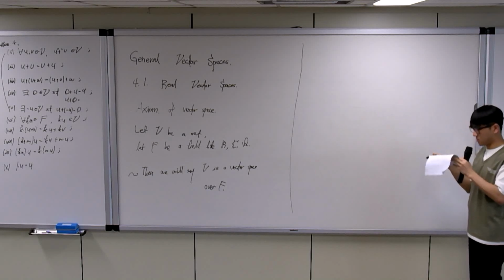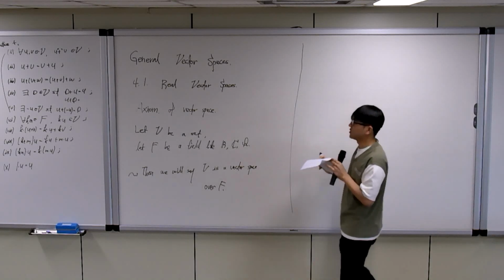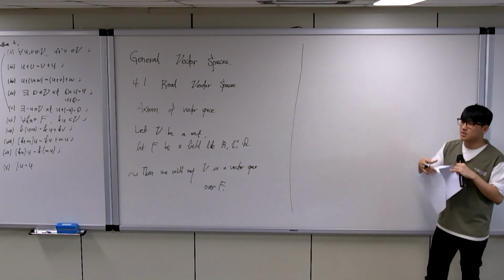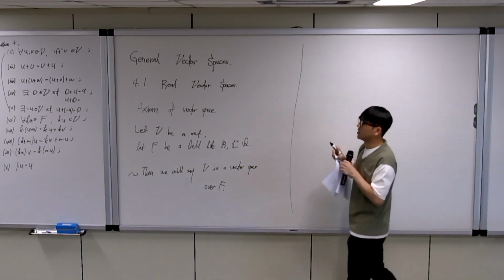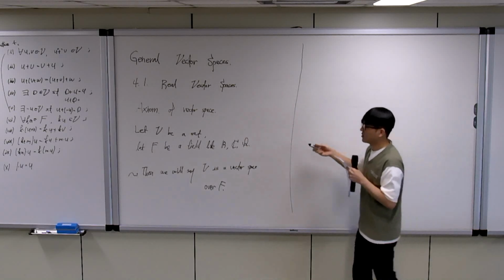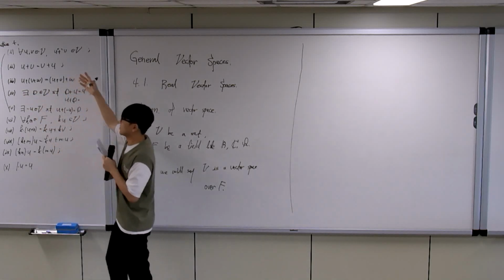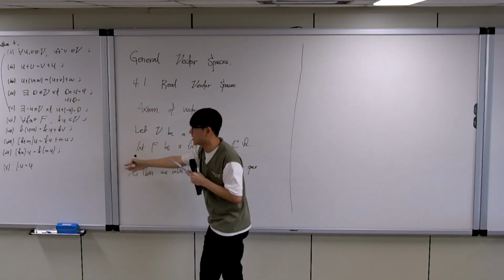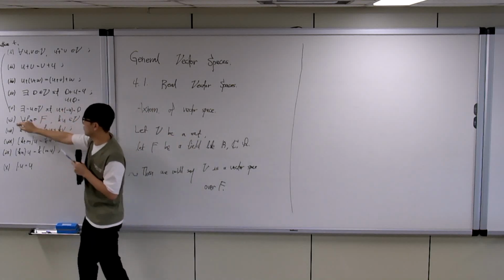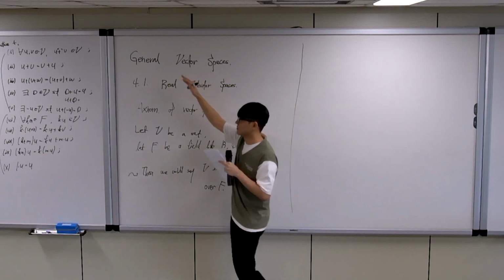To check whether the set V is a vector space, there are too many axioms. However, it will be divided into two parts.